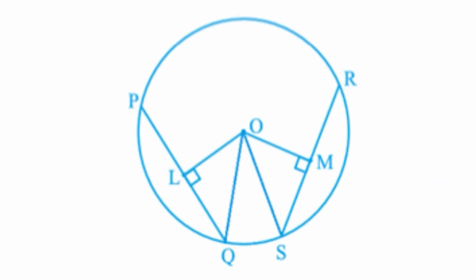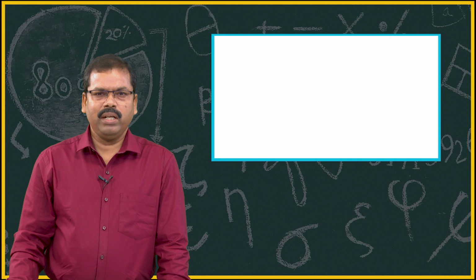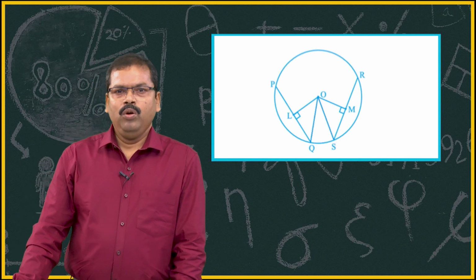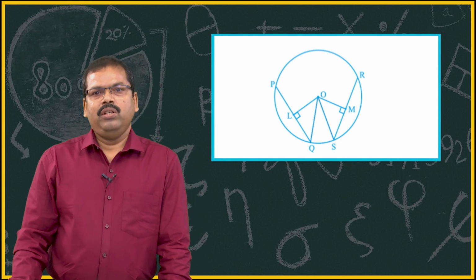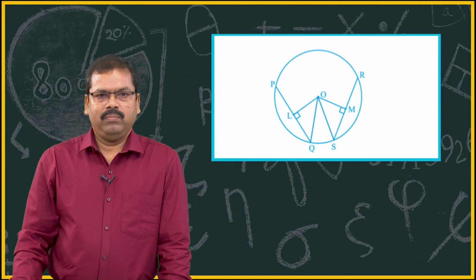Draw OL perpendicular to PQ and draw OM perpendicular to RS and join OQ and OS. Now, here, students, you are getting two triangles. One is OLQ, another is OMS.